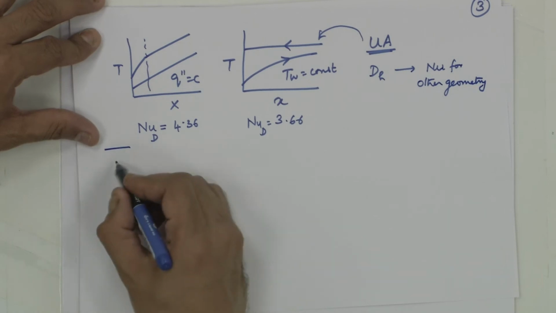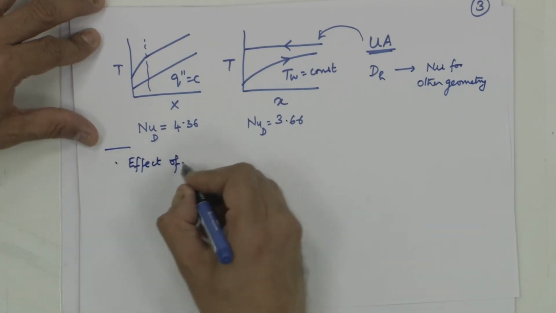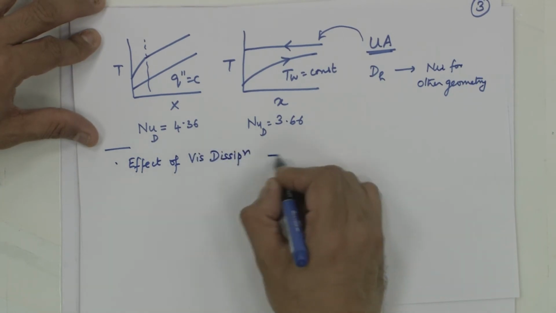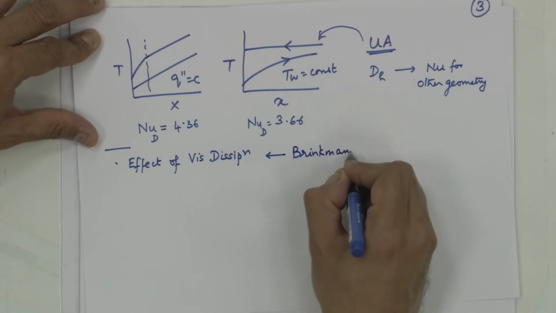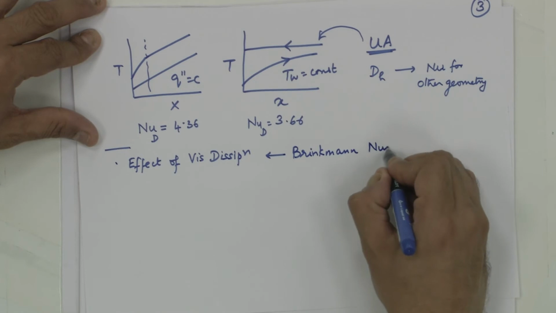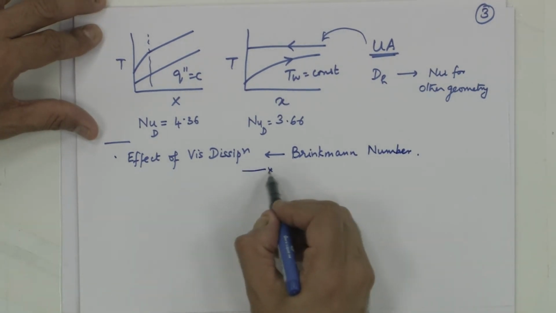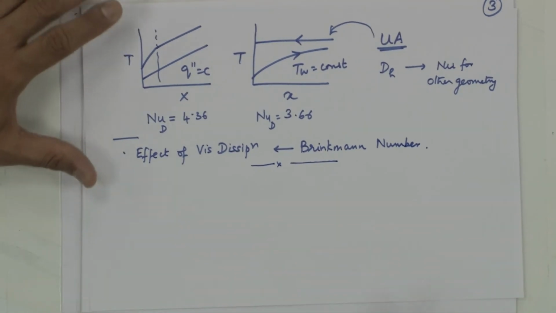Then very quickly we considered effect of viscous dissipation, introduced the concept of Brinkman number, this so that we understand how Nusselt number changes because of viscous dissipation. With this, the convective heat transfer fundamentals topics were completed.